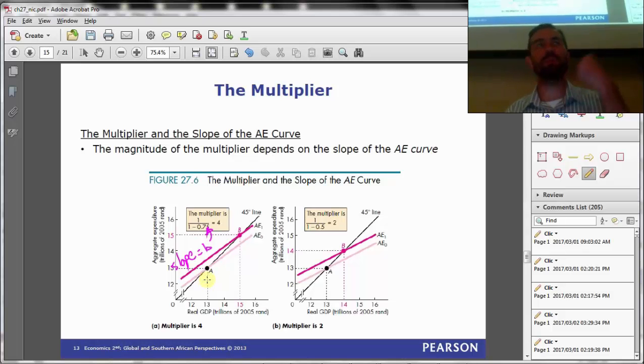If there are also induced taxes, induced imports, or any other kind of induced component, then the multiplier would be different.